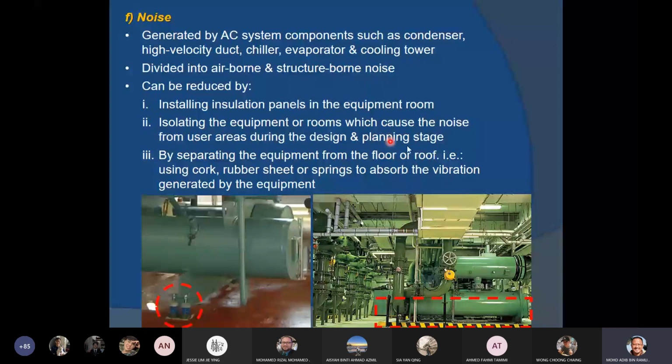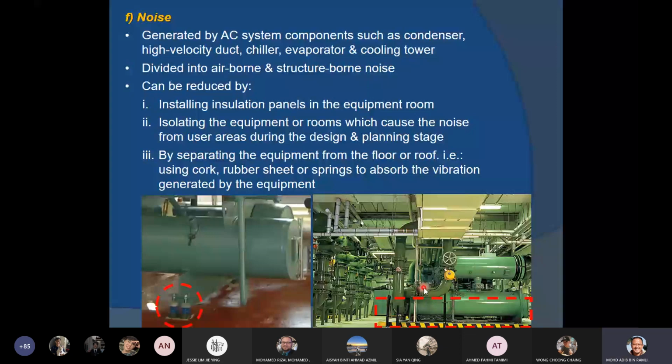This is what I mentioned earlier about zoning, the service zone. Because you know that the air conditioning system produces noise from the pump, from the fan. It also causes vibration. So you need to tuck them away, as far as possible from the public area, during the design and planning stage.